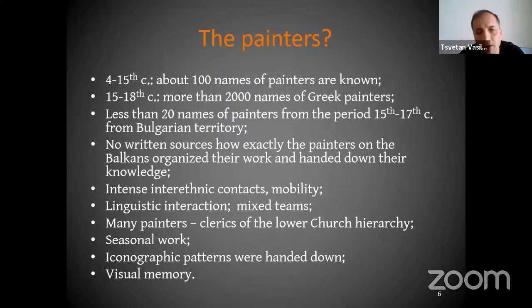We were trying to trace the road of such painters in the Balkan area. There are also other hindrances for such scientific work. There are no written sources on how exactly the painters on the Balkans organized their work and handed down their knowledge.